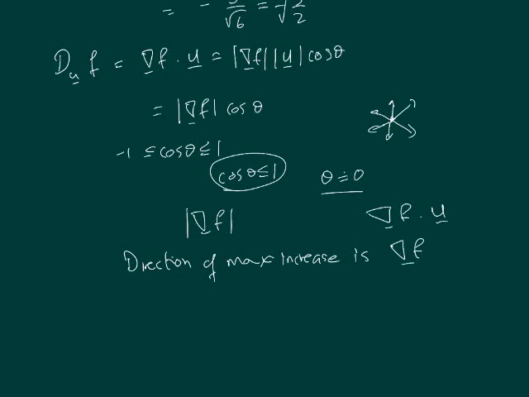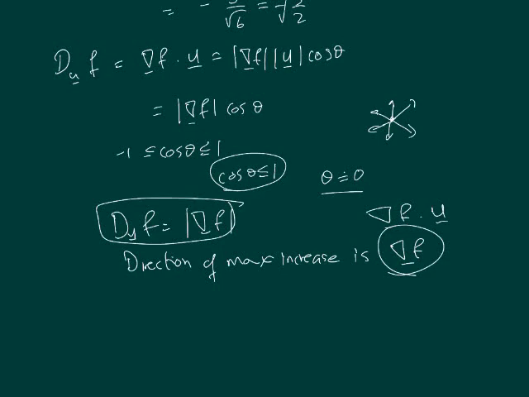The maximum value of the directional derivative is the magnitude of grad f itself. So its maximum value is this, and its direction is the direction of grad f. So it's the direction of maximum increase.